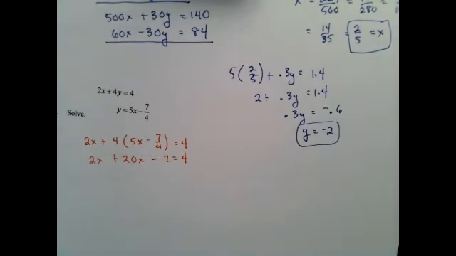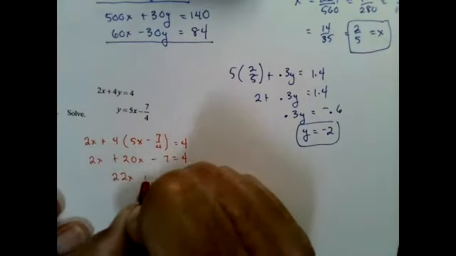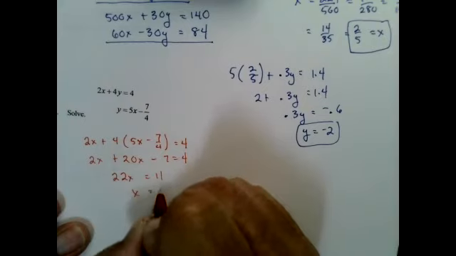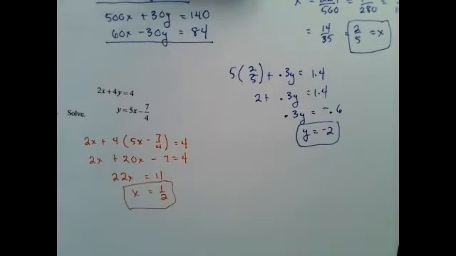Keep an eye on me. This is unlike me not to have a boo-boo by now. 22x equals 11, x equals... I got 1/2. Hey, boo-boo.